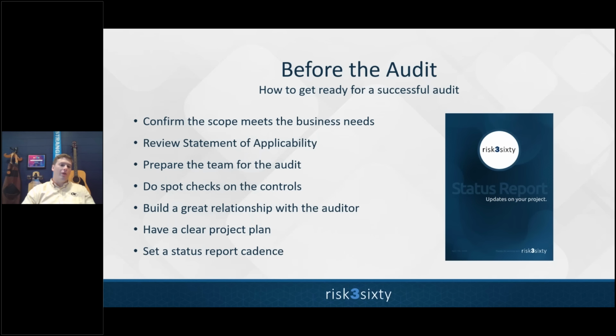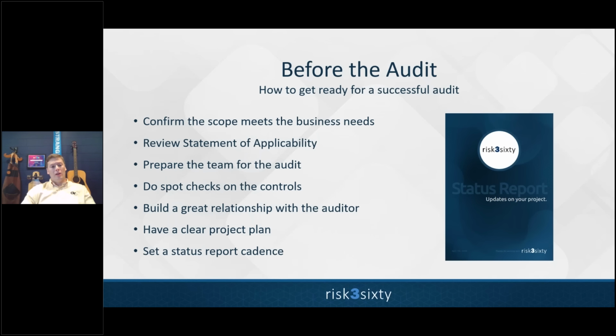You want to make sure that you have plenty of time between that internal audit and the external audit so that you have time to remediate the gaps that are found. In between there, you're going to want to verify and validate, as required in clause 10.1, that any nonconformities that were identified as a part of the internal audit have been remediated. So you want to make sure that you have clear project plans. You don't want any confusion about what needs to happen tactically to execute on the remediation plans. And you want to make sure everyone's on the same page with good, clear communication.